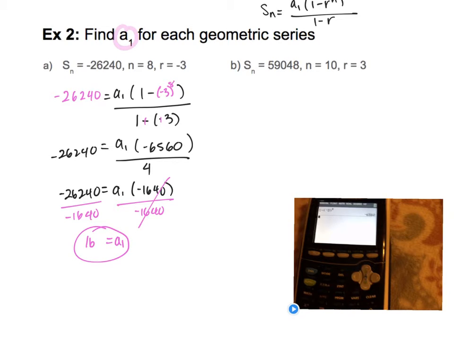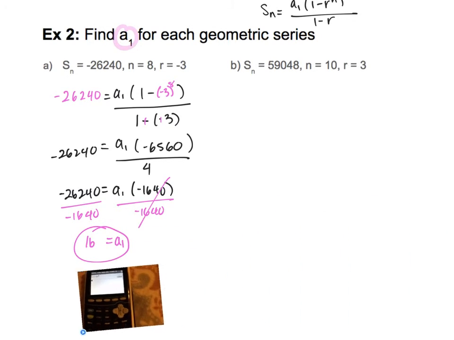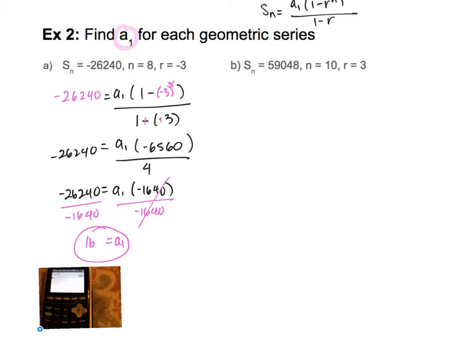Okay, the next problem here, I'm going to do it the exact same way as I did with this problem. So I'm going to move this a little smaller down here. All right, so for this problem, I'm going to do it the exact same way, plug in everything I know, and then try to solve for that A1.